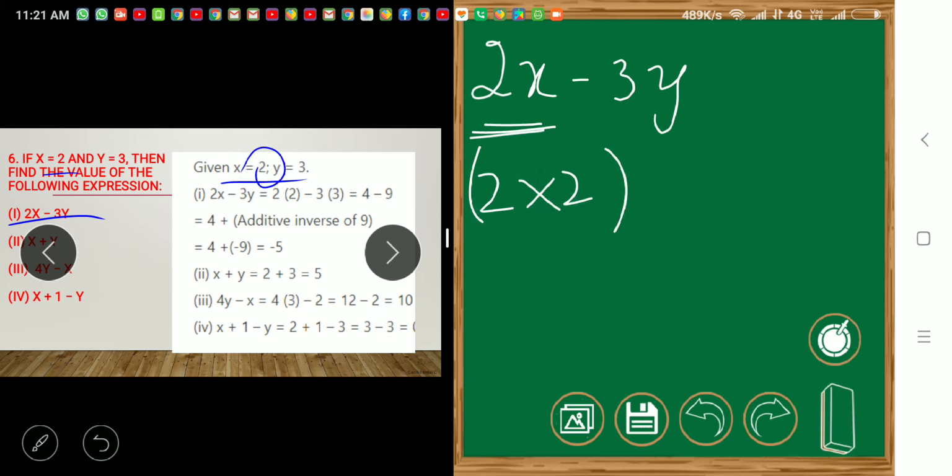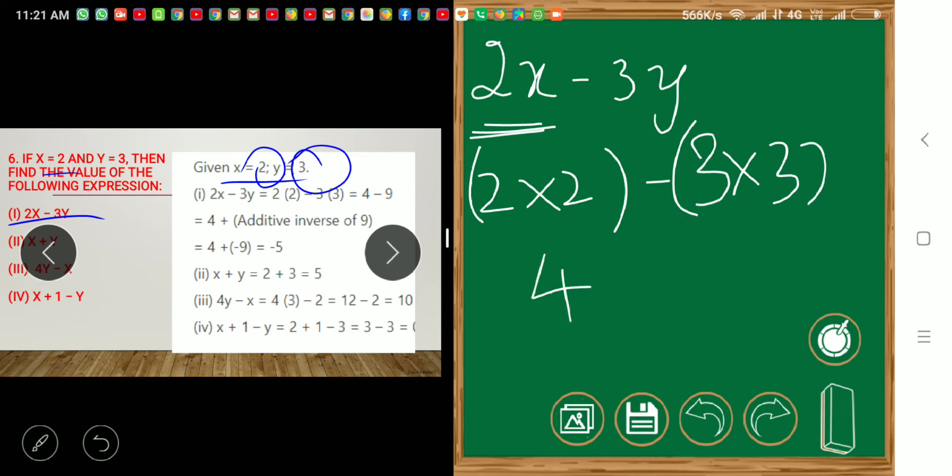In the question it is given minus 3, you write that. What is the value of y? It is 3. It is in multiplication. So I am writing the value 3 in multiplication. 2 2s are 4, minus, you write 3 3s are 9. One is plus, the other one is minus, so subtract. 9 minus 4 gives you 5. The bigger number is minus, so write the minus sign. Okay, so the answer is minus 5.